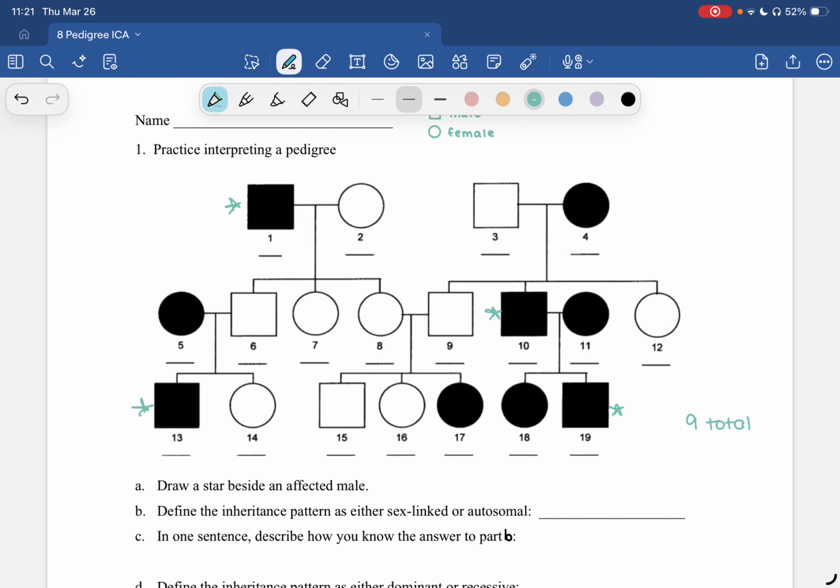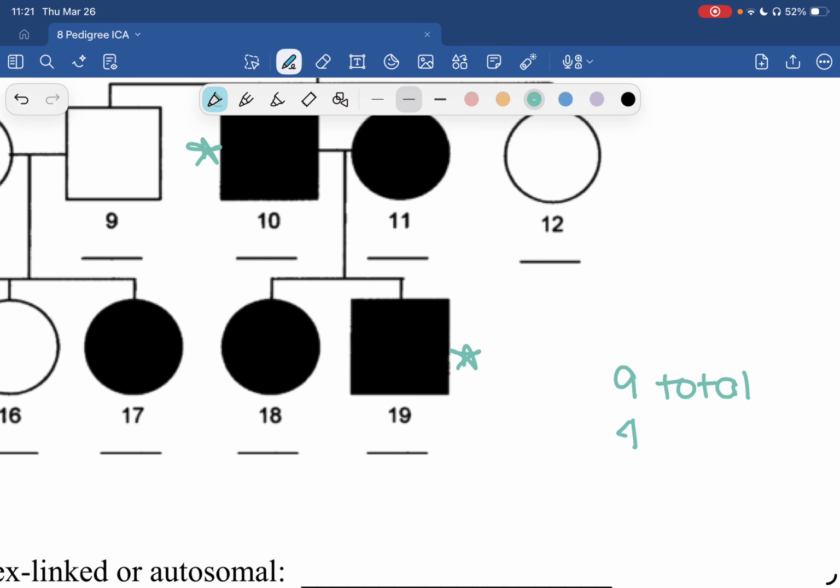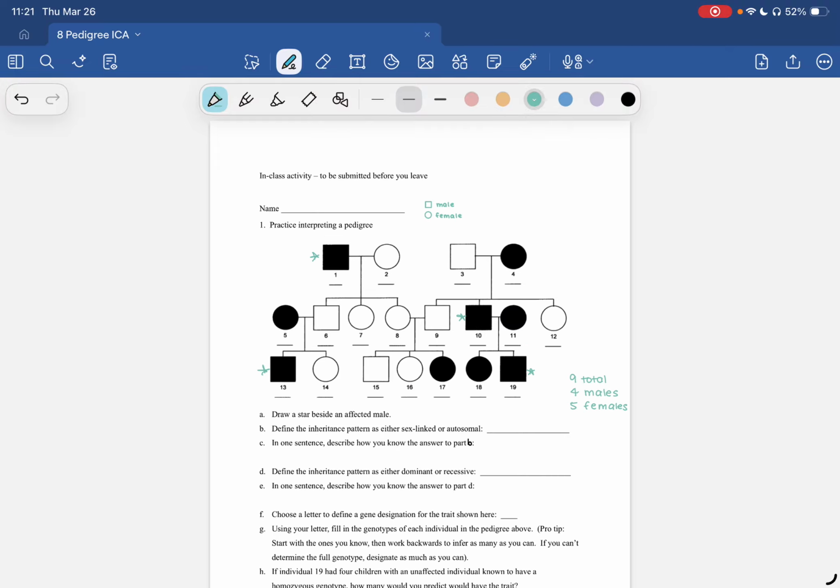The next thing I like to do is break down how many individuals are male and how many are female. So I like to look at their sexes. We have 1, 2, 3, 4 males, meaning we have 5 females. This step is important when you're determining if it's sex-linked or autosomal.